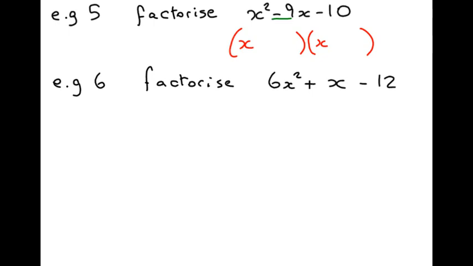And this factorization method says we need to multiply to make the number on its own. So we need to multiply to make minus 10. And we need to add to make the number in front of the x coefficient. So if we want to multiply to make 10, add to make 9, we're probably thinking about one's got to be a plus and one's got to be a minus to get to a minus number.